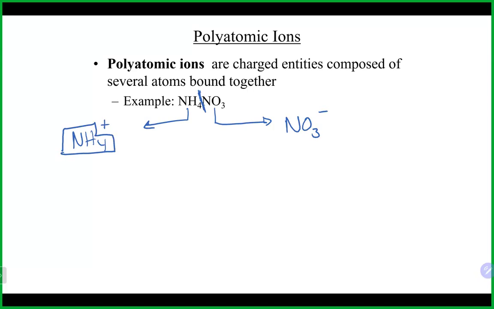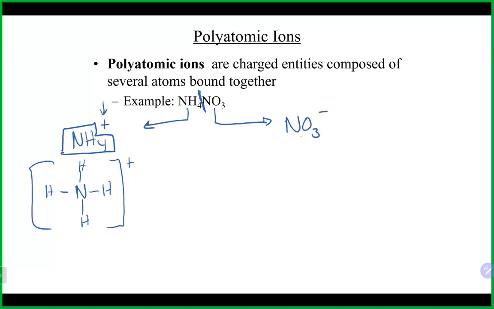They never break apart into individual things. They move around as a whole unit, and this whole unit has a +1 charge. If you go through the chapter 12 lecture, you could draw the Lewis structure for this. It looks like this. All those guys are sharing electrons, and it has an overall charge of +1.